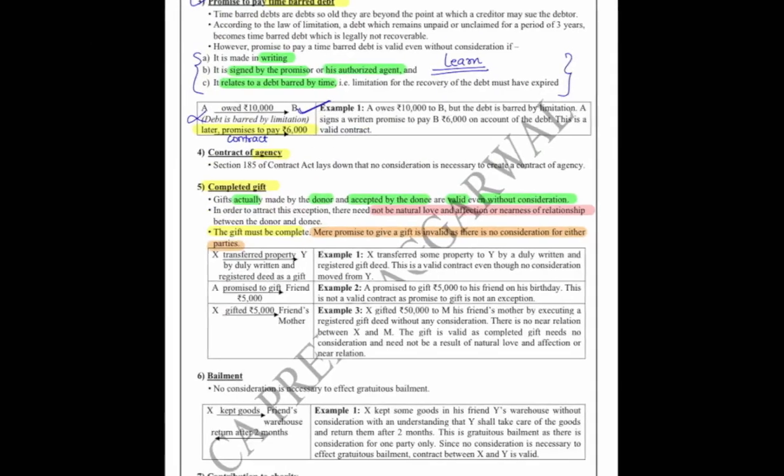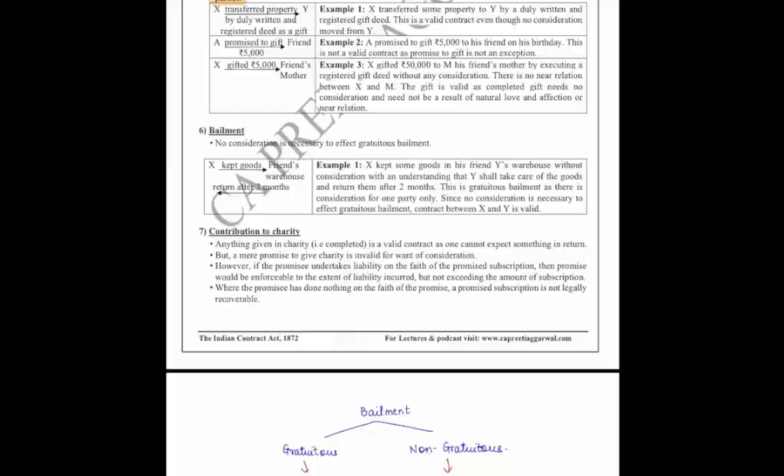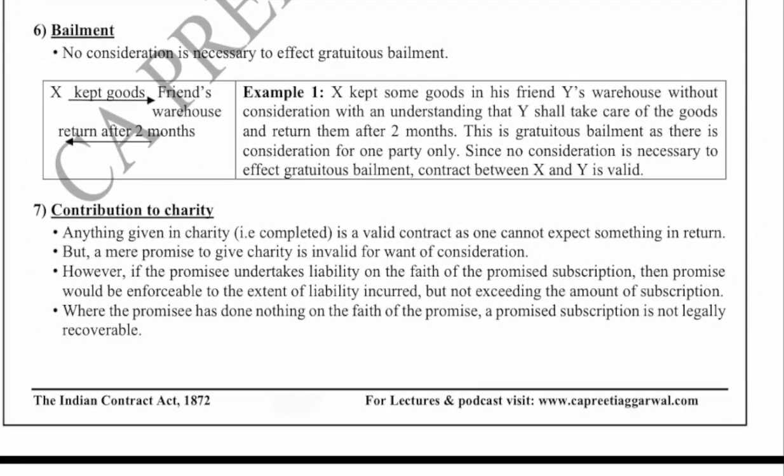Very similar is charity, contribution to charity. Now, if I have given 5,000 rupees to a flood victim, I cannot say, now what will you give me in return? I cannot expect anything in return. It's charity, no? So, when you give a charity, you cannot expect anything in return. It is valid even without consideration.